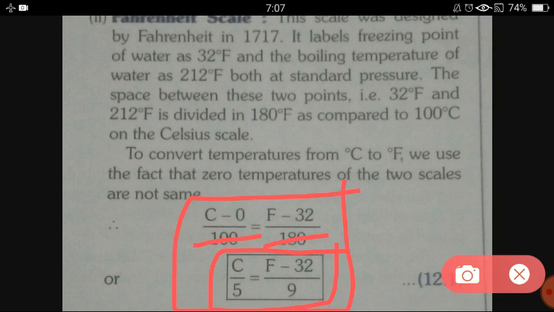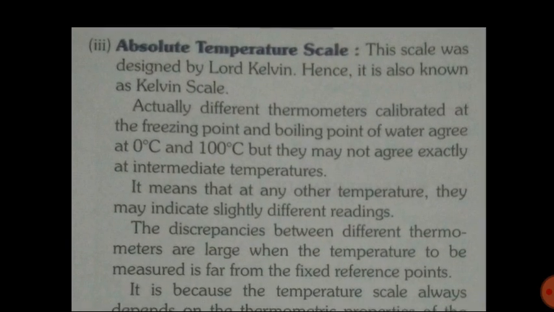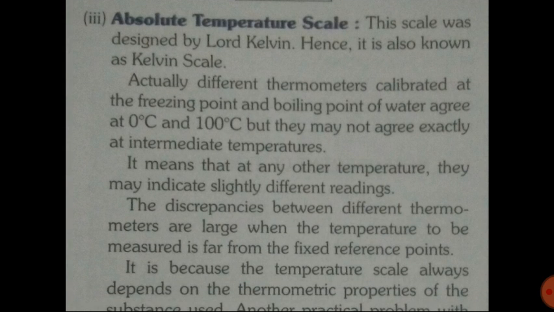So remember this formula. Then the next scale is the absolute temperature scale. This scale was designed by Lord Kelvin and is also called the Kelvin scale. Different thermometers calibrated at the freezing point and boiling point of water agree at 0 degree centigrade and 100 degree centigrade, but they may not agree exactly at intermediate temperatures.